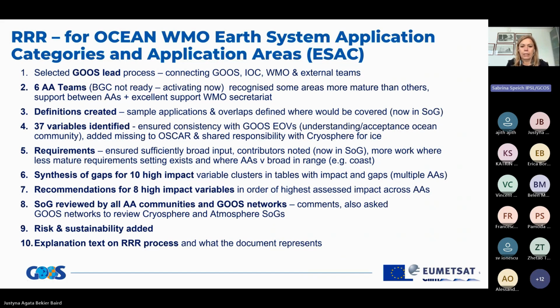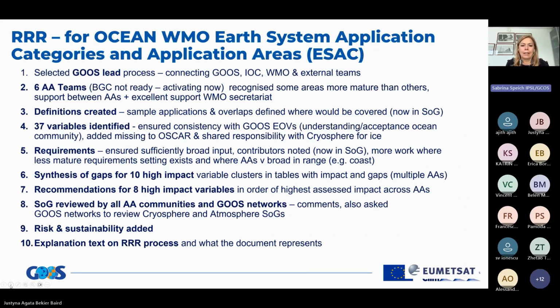There is a recommendation for 8 high-impact variables in order to highlight and address the impact across different areas, and also a link to communities and WIGOS networks. And they have added a risk and sustainability page, and also an explanatory text on the rolling review of requirements process that is pretty new in the ocean area.